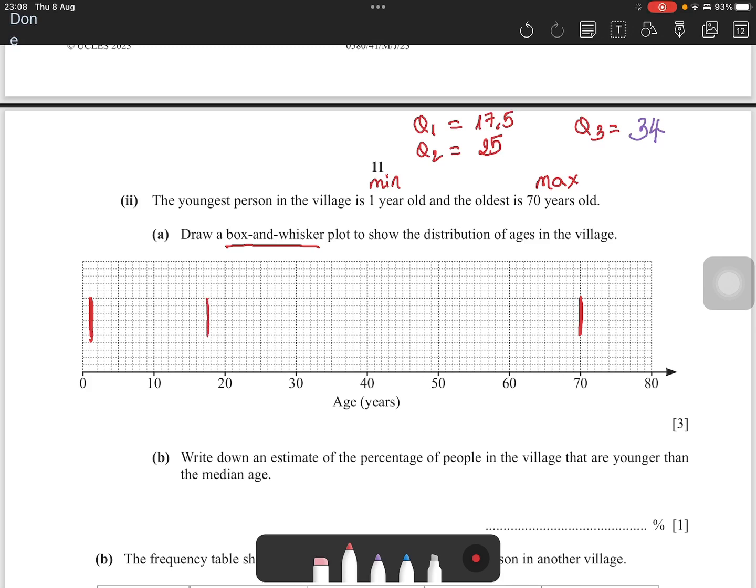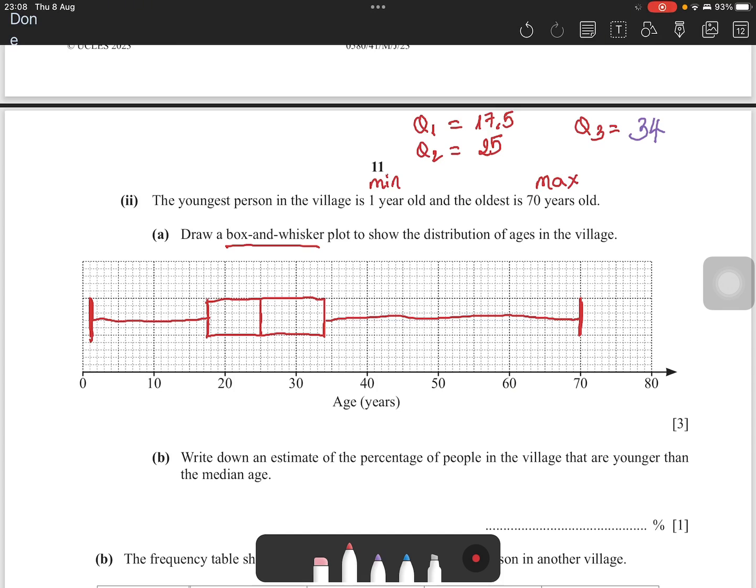Then the median is 25. Here it is. And the upper quartile is 34. Here it is. So we draw a box for it. And that's how we complete the box and whisker plot.